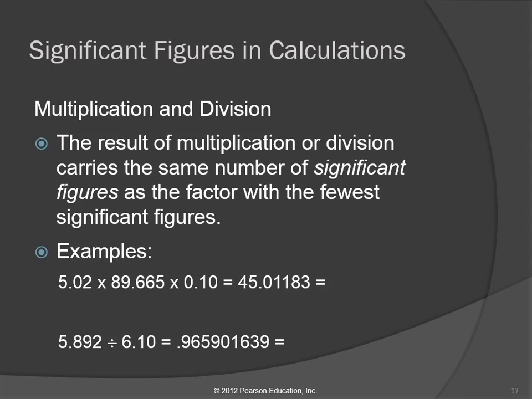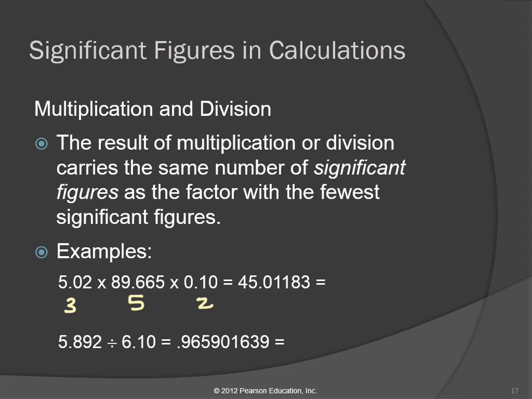We've got 2 non-zero digits, and then we've got a trapped 0. So that has 3 sig figs. 89.665. That has 5. How about 0.10? 2. So this has a leading 0 that we don't count as a significant figure. The 1 and this trailing 0 is significant because of the decimal point.